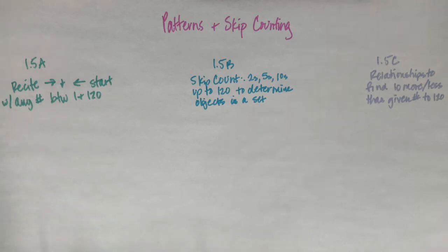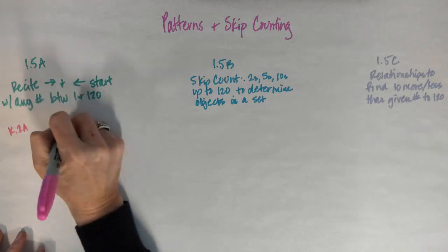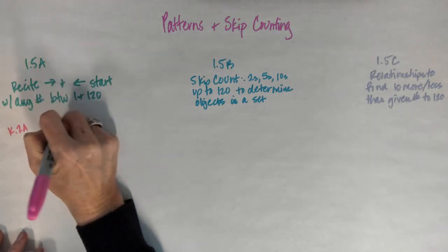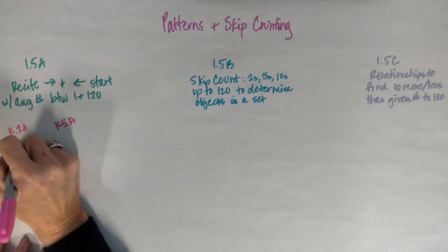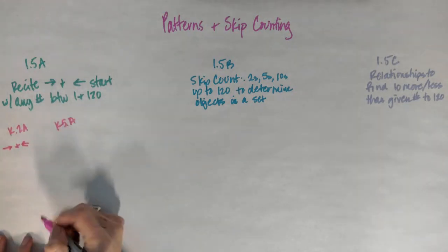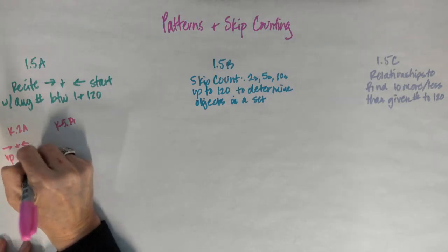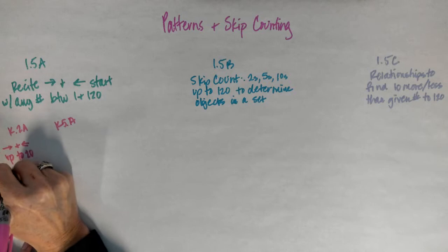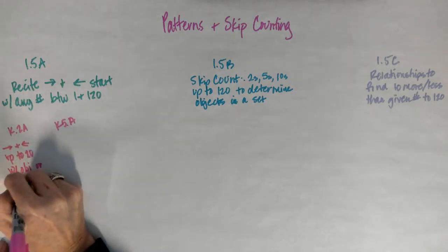So there are a couple of kindergarten TEKs that lead to this. So I want you to take a look at K2a and K5a. So K2a, students do recite forward and backward, but only up to 20. And they can do it with objects or without objects.